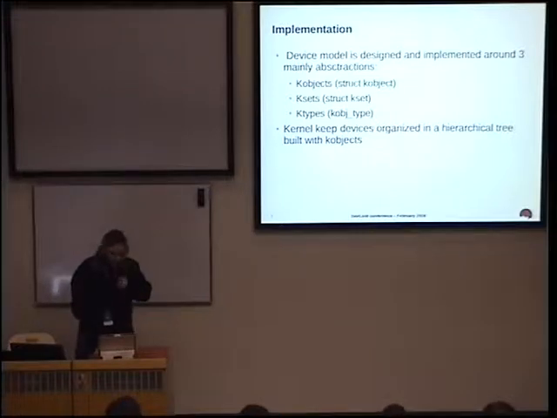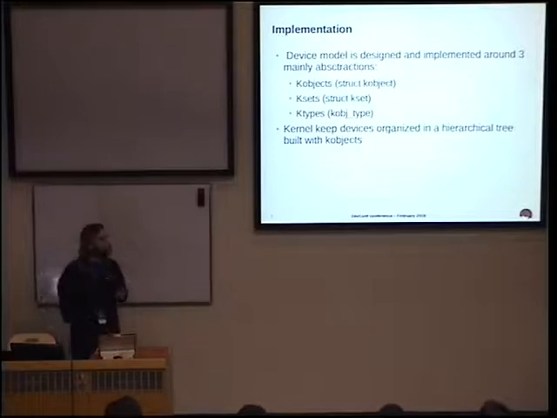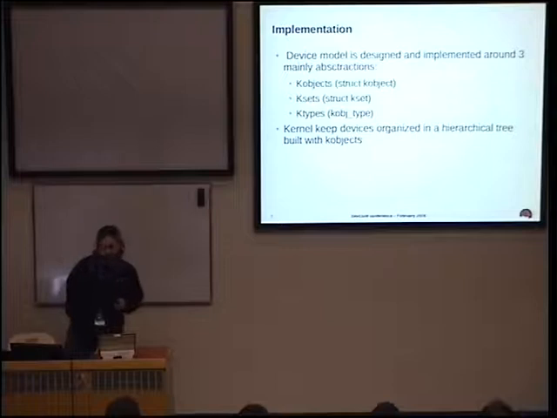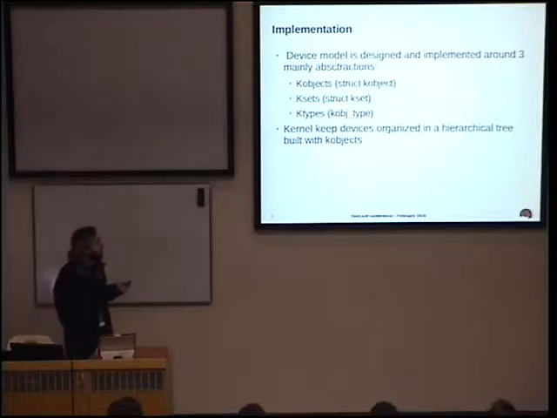So the device model has been designed basically around three main structures: the KObject, which we usually call kernel objects, KSets, which is basically a collection of KObjects, and KTypes. The name of the structure in the kernel is kobj_type, but here I will just say KType, it's easier.